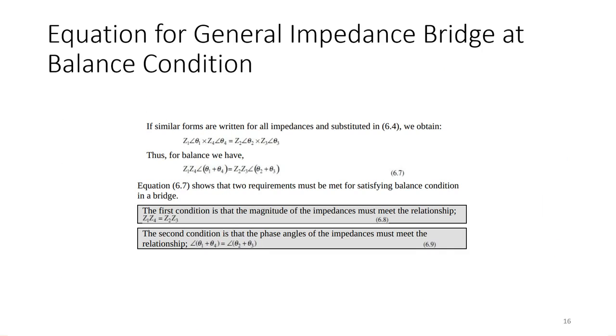The equation for general impedance at balance condition can be expressed as Z1Z4 equal to Z2Z3. These are phasors. A phasor has an amplitude and an angle. So in general for resistance, R1R4 equal to R2R3.